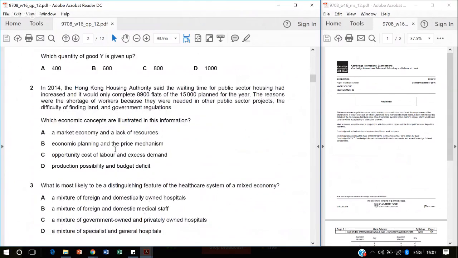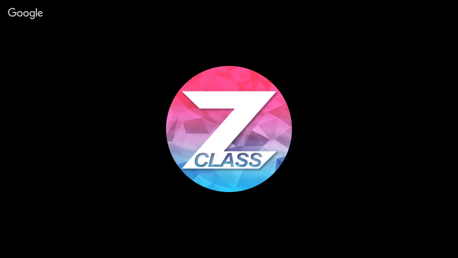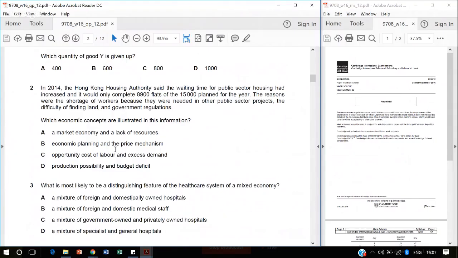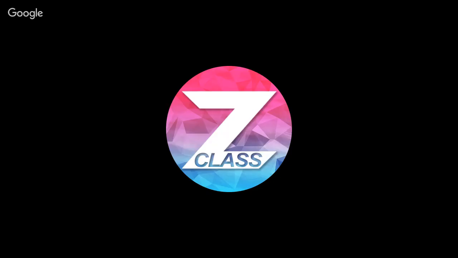Okay, Hong Kong. Housing project, shortage of workers. Which economic concepts are illustrated in this information? Okay, so 2A is not right because it says market economy, whereas it says other public sector projects. And then it says economic planning and price mechanism.